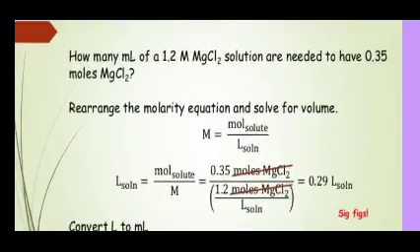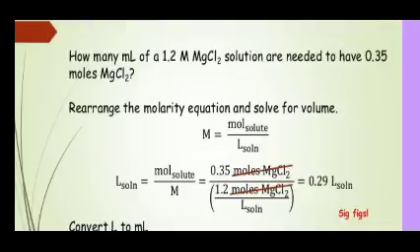How many milliliters of 1.2 M magnesium chloride solution are needed to have 0.35 moles of magnesium chloride? Given moles and molarity, calculate the volume of solution.